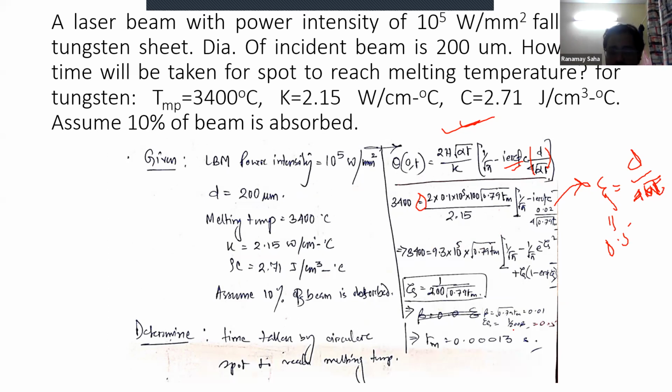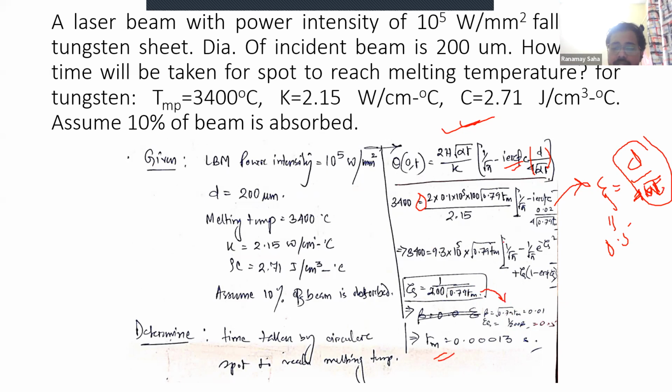So from that we find the value of Tm, putting Xi equal to d by 4 root alpha t. Here you don't get confused with beta. Beta has been used just to make the equation look simpler; the square root of 179t Tm has been replaced as beta here.